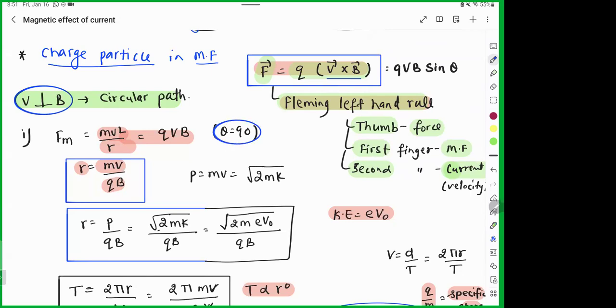And if theta is 90 degrees, Fm, magnetic force, and the centripetal force mv square by r are equal to qvB. Then v will cancel. You can get the formula. Any doubt?